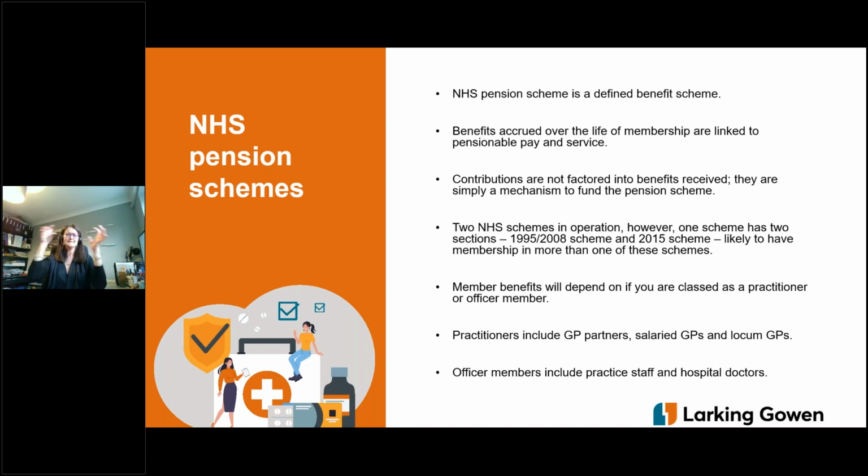So you can see you've got these schemes, and then you've got whether you're a practitioner or officer in those schemes. So not only does each scheme have a different way of how you work it out, but it has a different way again, depending on whether you are practitioner, so that's GP partner, salary GP, locum GP, or whether you're an officer member, hospital doctor, practice staff.